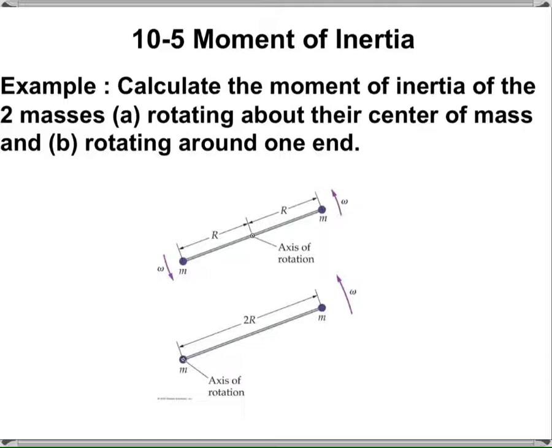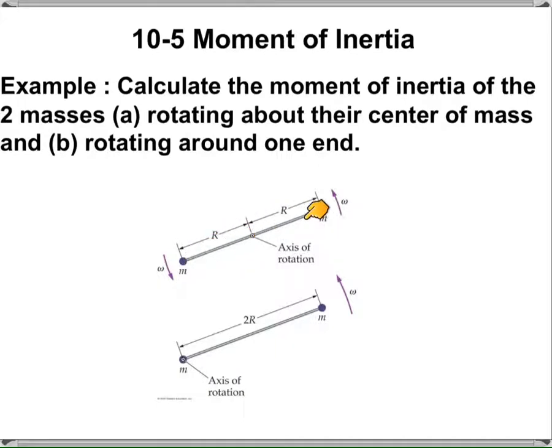You want to rotate this system of two point masses, each of mass m, around an axis which passes through their center of mass, the point in the middle of the rod. What is the moment of inertia for this system?